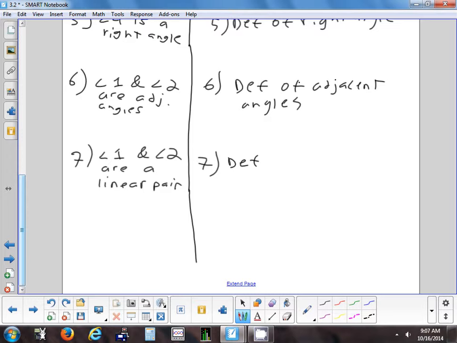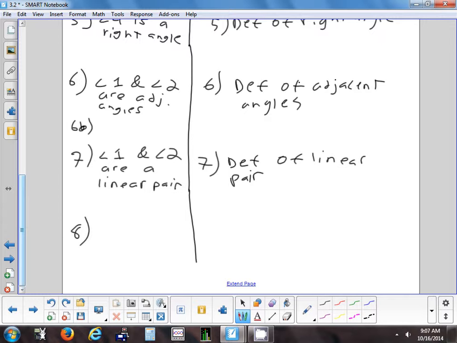We should probably formally state here, maybe as step 6b, which we didn't, that the non-common sides form opposite rays. What would be the reason for that? That's just looking at the diagram. I'm not going to write that step in, and I wouldn't be overly picky about writing that step. Definition of linear pair.